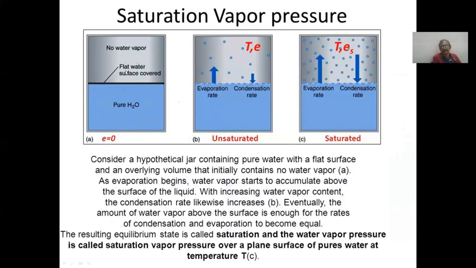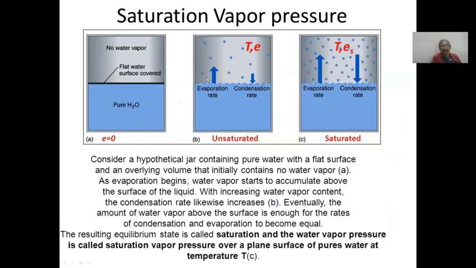So this is an empty space. If I remove the flat surface, then what happens? Heat energy gets absorbed by the container, and gradually there is evaporation, and condensation would also simultaneously occur.